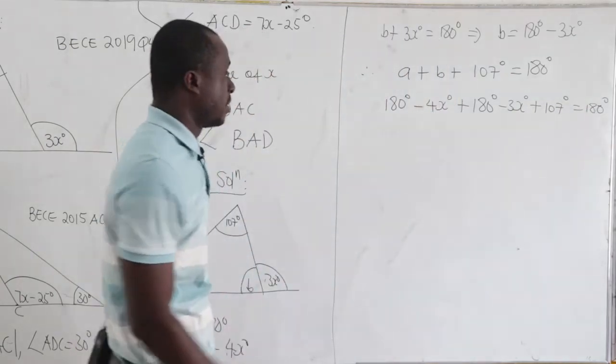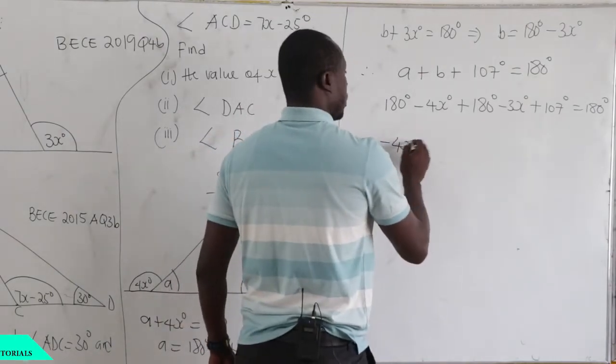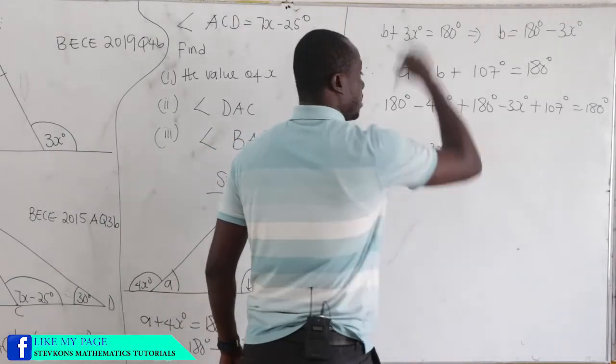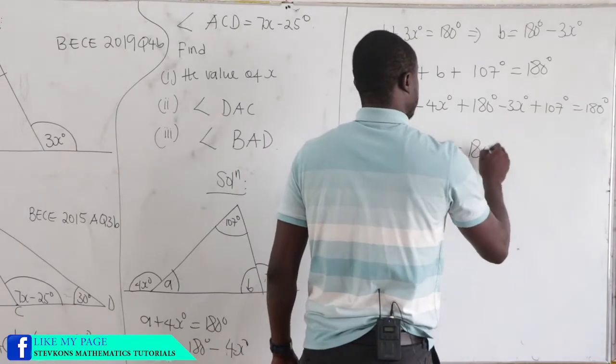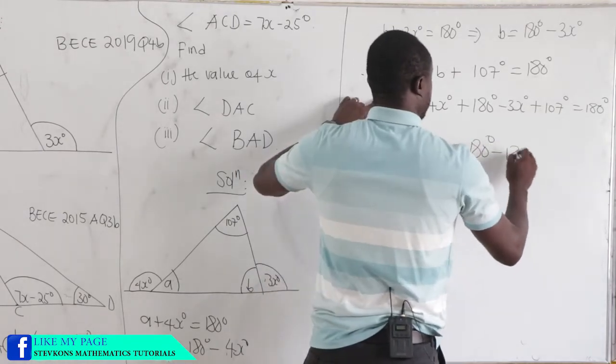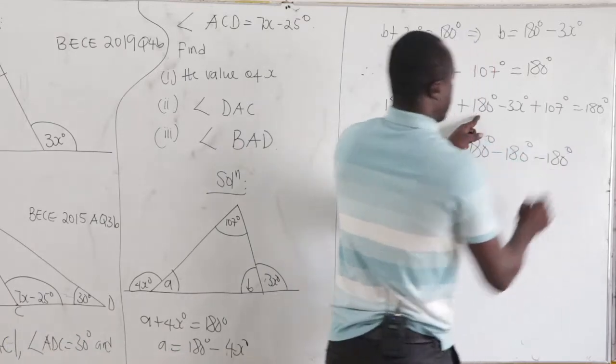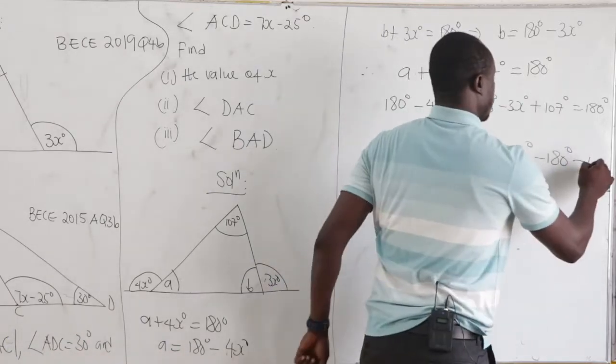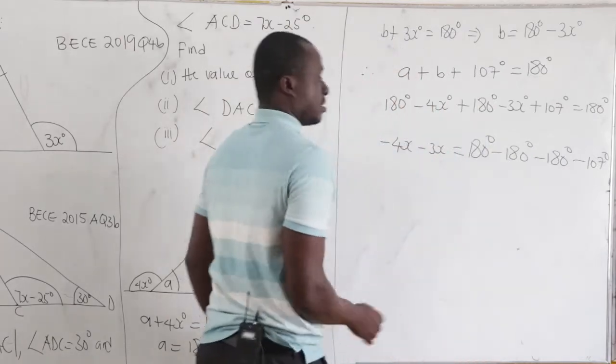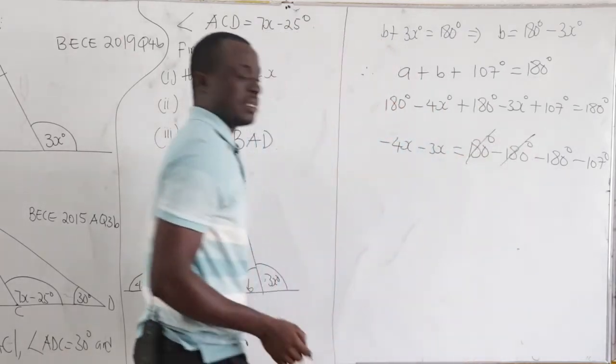Now let's group like terms. So we have negative 4x minus 3x. Let's take everything to this side. So we have 180 degrees minus 180 degrees minus 180 degrees, and also minus 107 degrees. Clearly, what can we see? This and that are cancelling out.